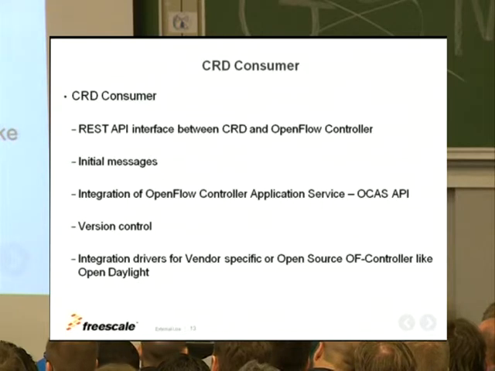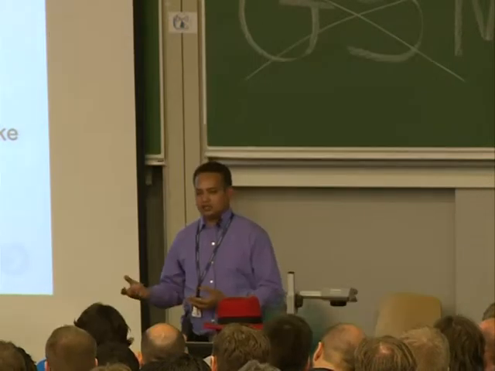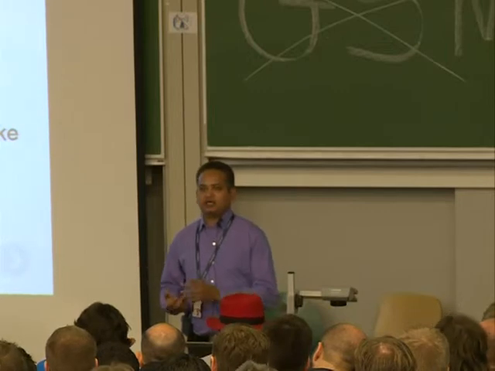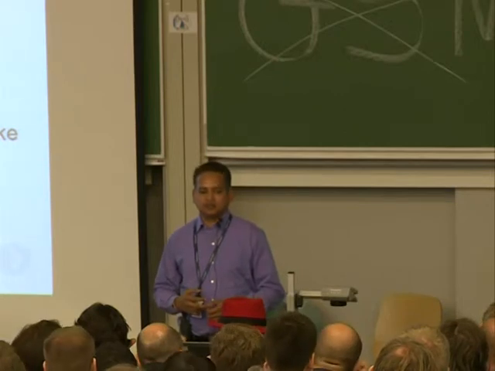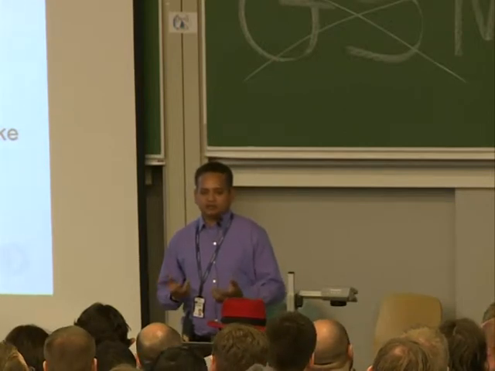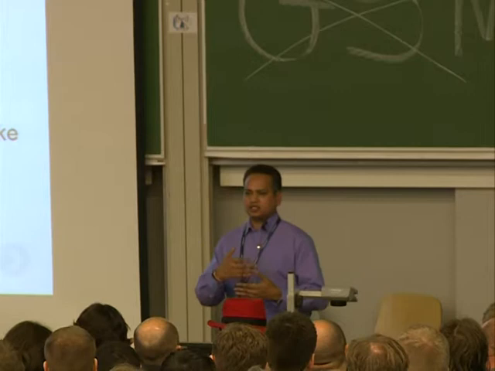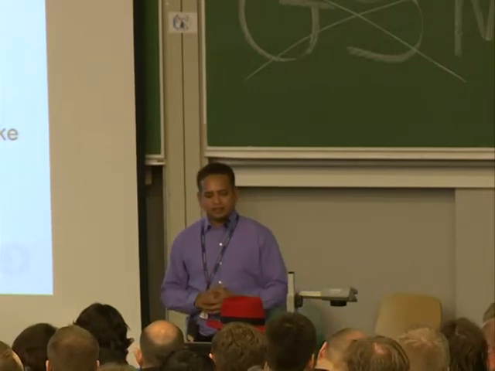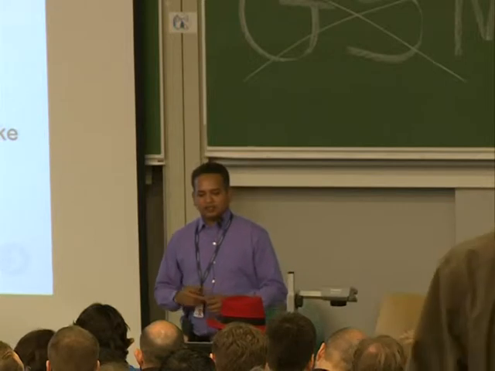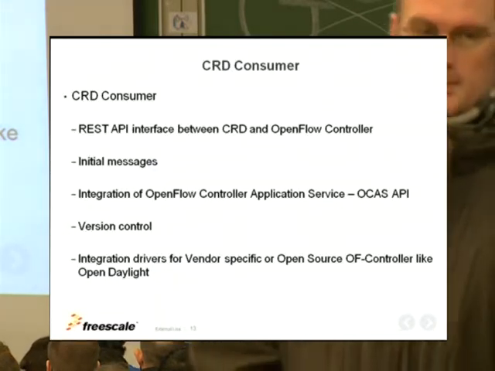Whenever the OpenFlow controller comes up in the network, the initial messages will be sent to the OpenStack controller's cloud resource discovery service, where it will store all the OpenFlow controller information in its database. And then the integration of the OpenFlow controller application service.